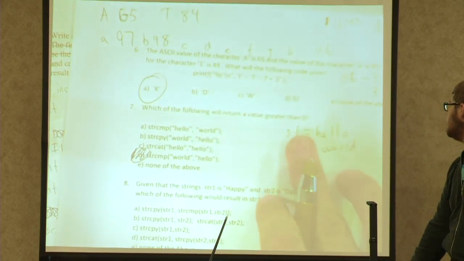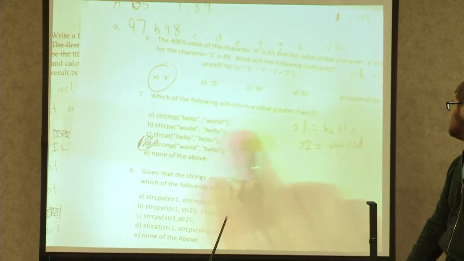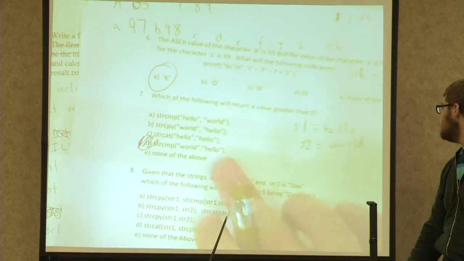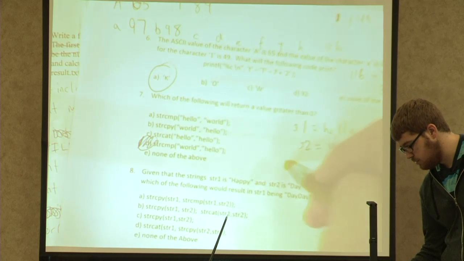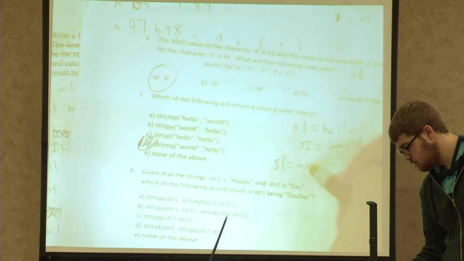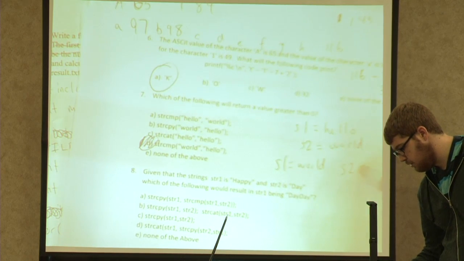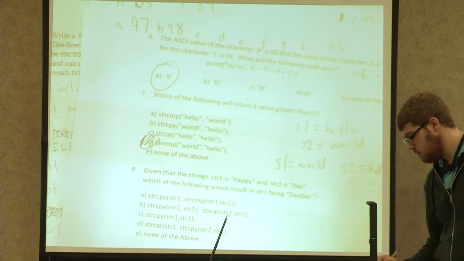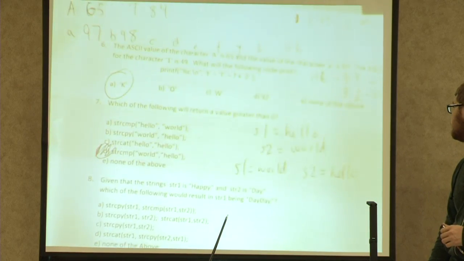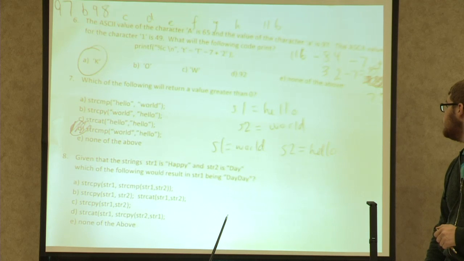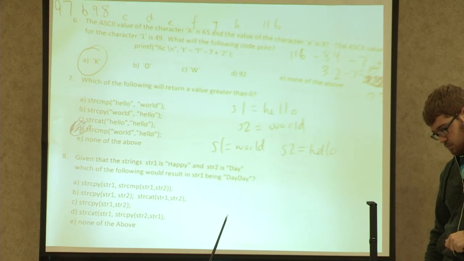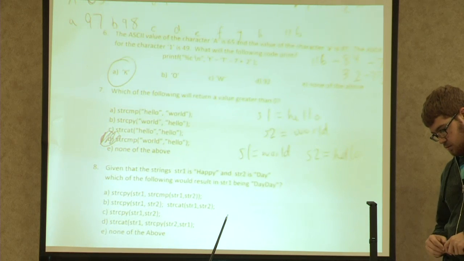So the first one, it was hello world, right? And that was S1, S2. So then this one was, S1 was world. S2 was hello. So she flipped them on you. So W is, it would be positive, so it wouldn't be A, right?